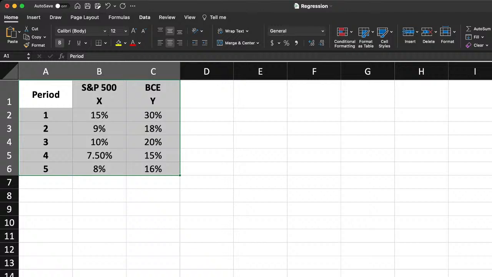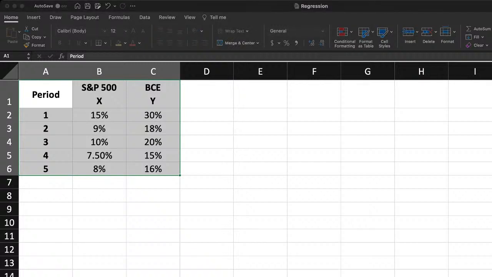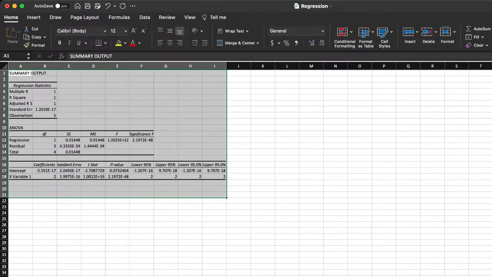Okay, so I want to go to Tools. I can get the data analysis in statistical form. I can get all the results in a table. Here it asks me to put in the Y and the X range. I can say okay, and then it gives me this output.